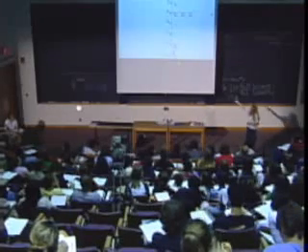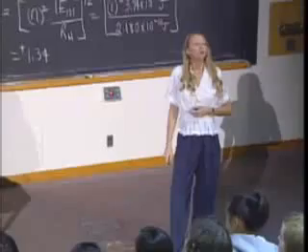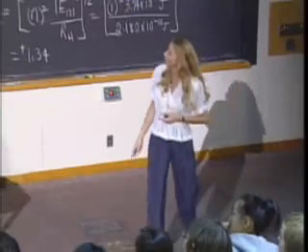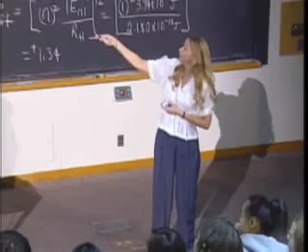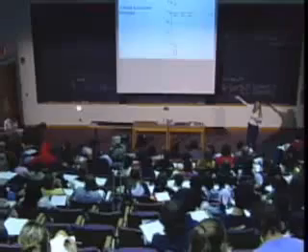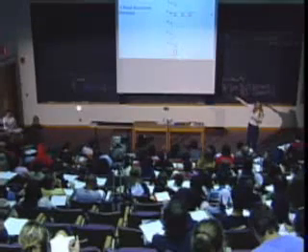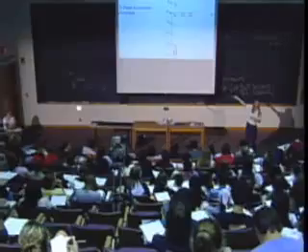So for hydrogen, that electron configuration is 1s. For helium, that electron configuration is going to be 1s squared, but you already know that we have to put in that second electron obeying the Pauli exclusion principle.